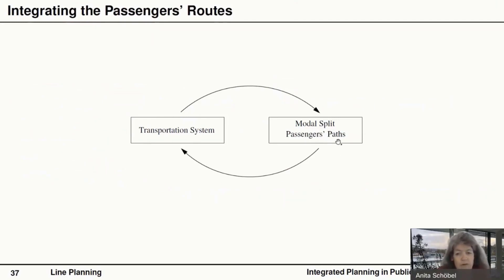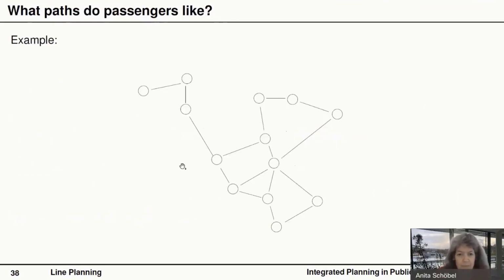Or we could first start with the passengers and use then the data how many passengers use which edge for determining the line system. So in some sense, we have to start with one point, and we even can go around in circles. But what we do here is we want to combine both optimization problems to one.